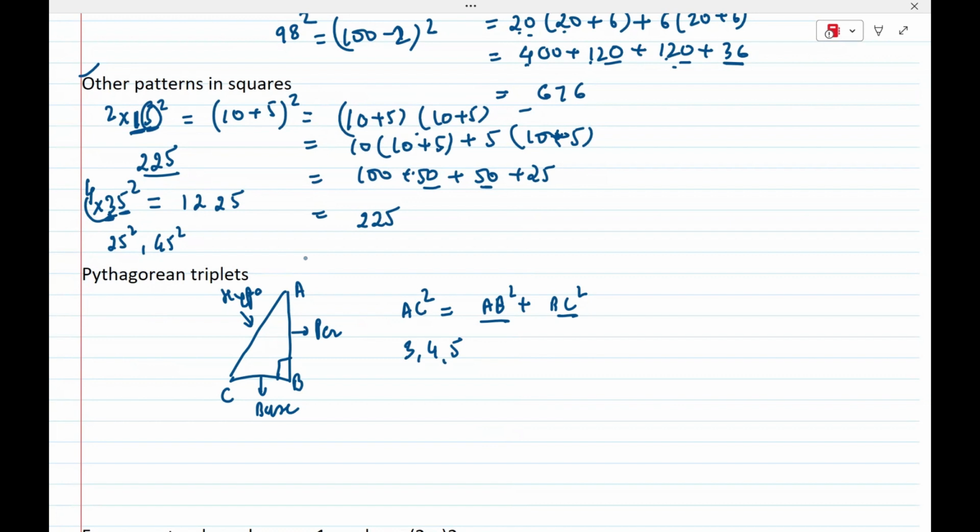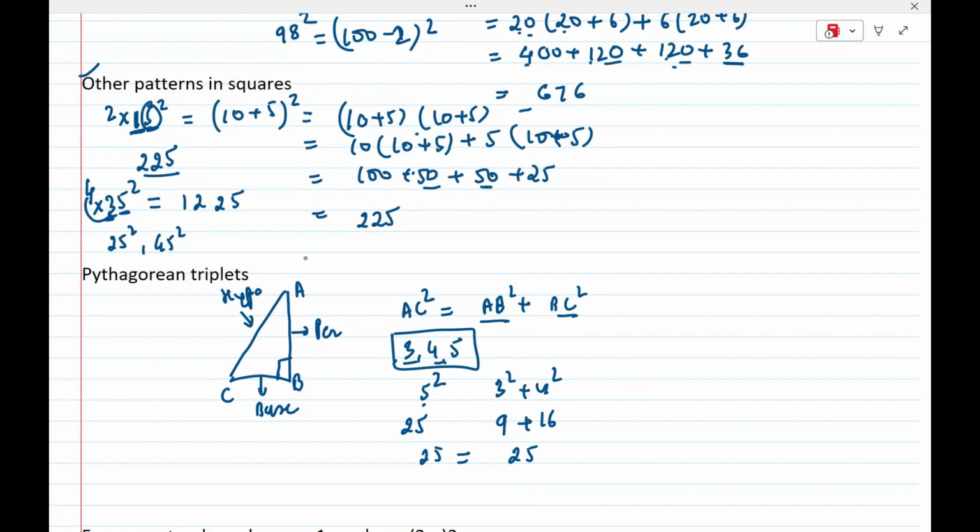The largest number is 5. So if I square 5 and square the other two numbers and add that. So 3 square and 4 square. 5 square is 25 and 3 square is 9 and 16. So it is 25. As this is coming equal, I will say 3, 4, 5 are a Pythagoras triplet.